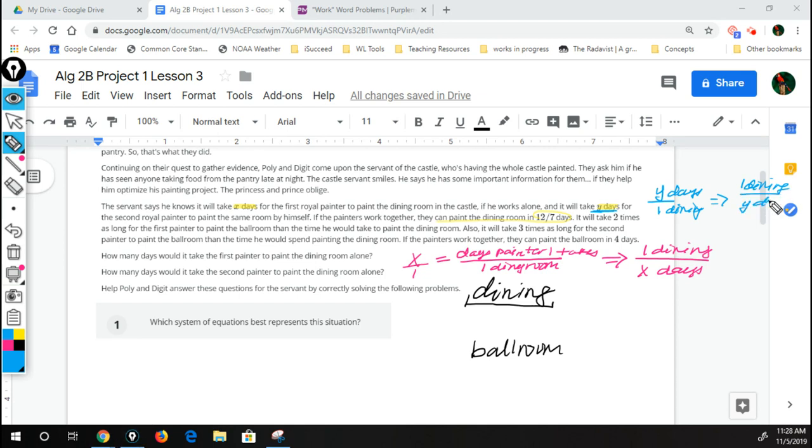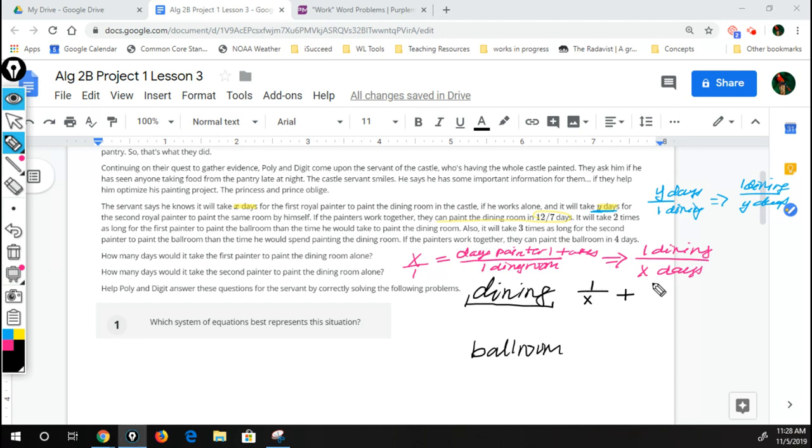over Y days. Now, the reason why that becomes really important is because now when we start working together, painter 1 is working at a rate of 1 dining room over X amount of days, and X can be 3 days, 3/4 of a day, but he needs to paint 1 entire dining room.